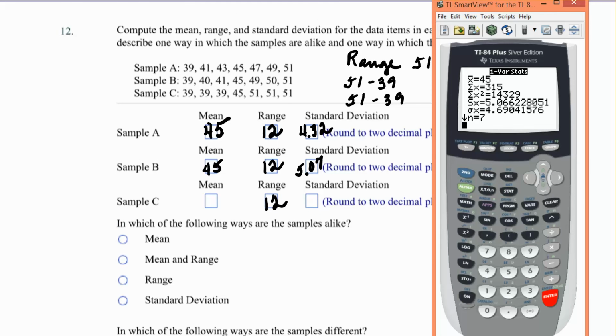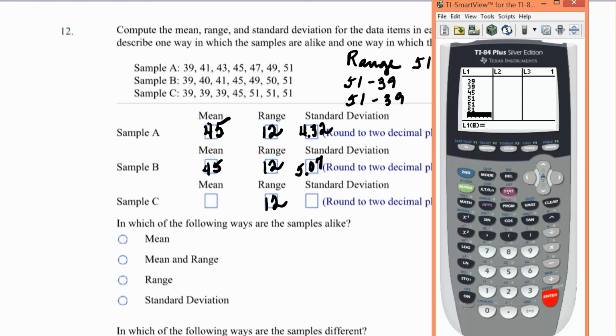All right, set C. Stat, edit. I have 39, enter, 39, enter, 39, enter, 45, enter, 51, enter, 51, enter, 51, enter.